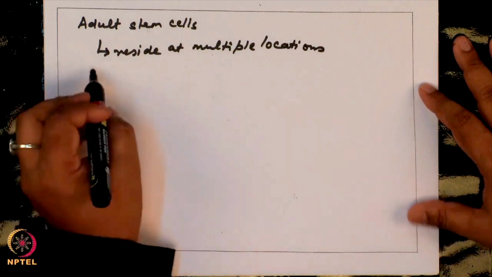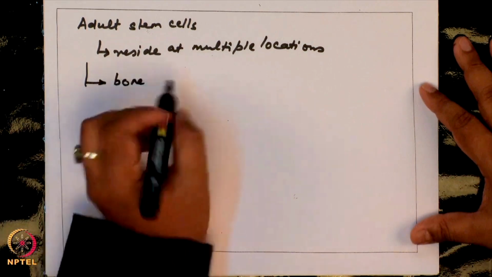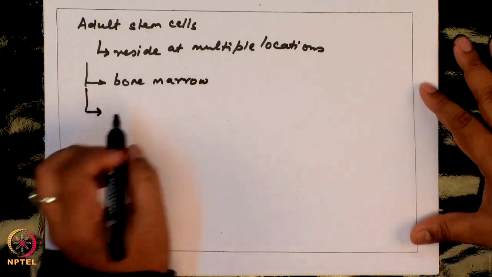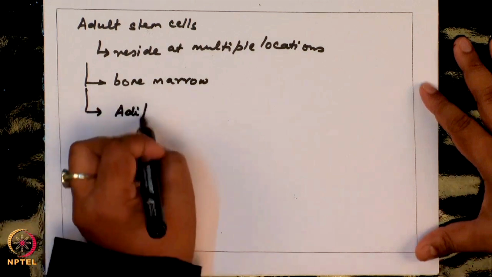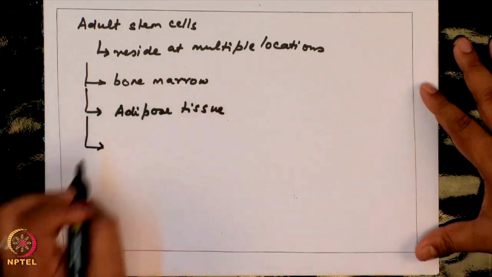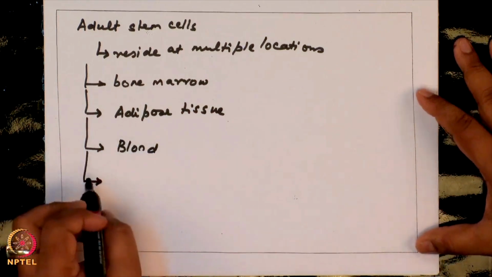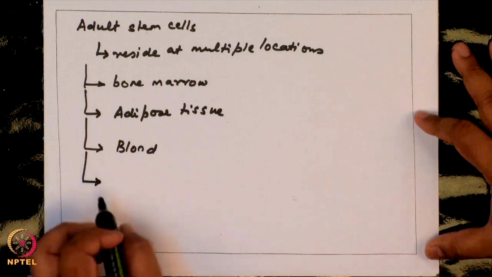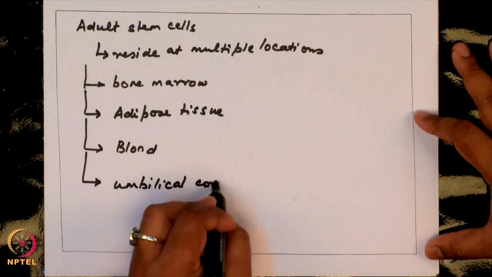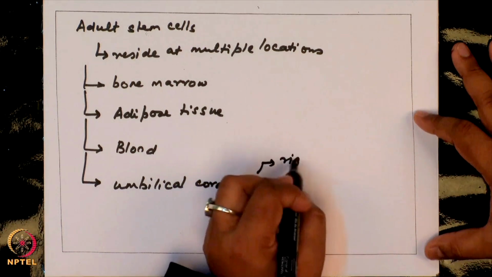You can isolate adult stem cells from bone marrow, from adipose tissue, from blood, or from the umbilical cord, which is right after birth.